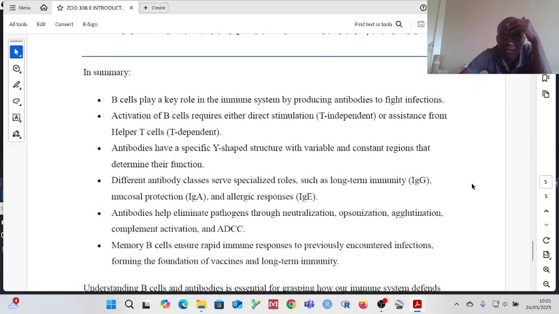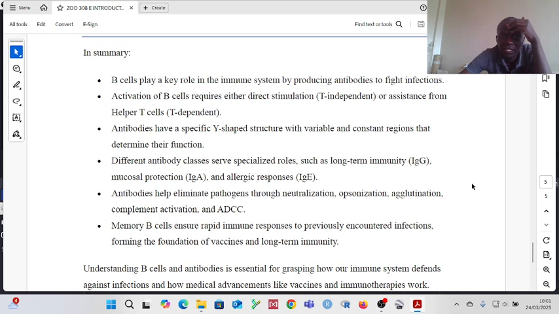So in summary, B cells play a key role in the immune system. They do so through the production of antibodies. The antibodies are the ones that will help to fight infections.